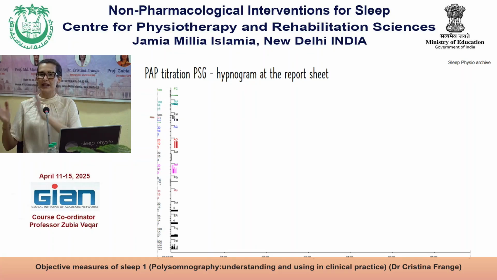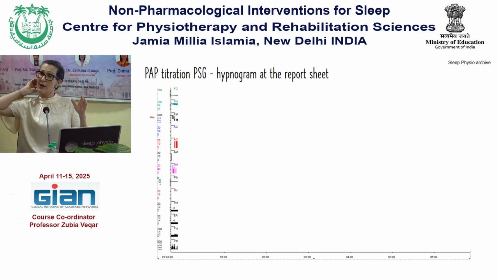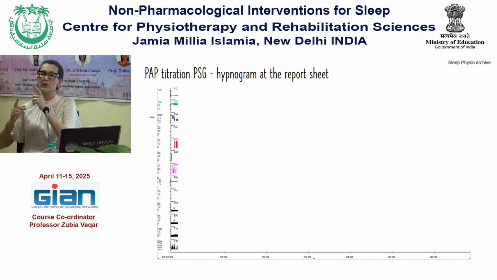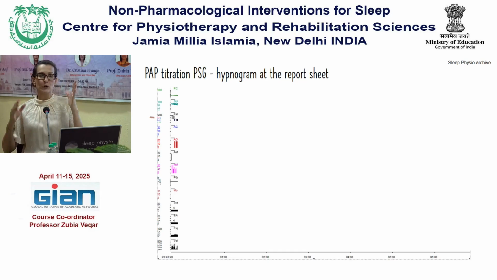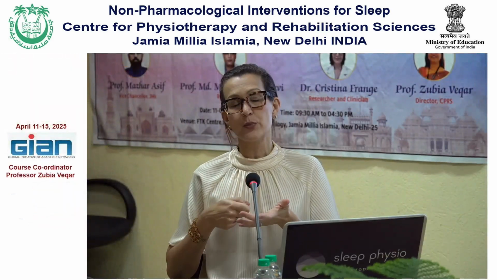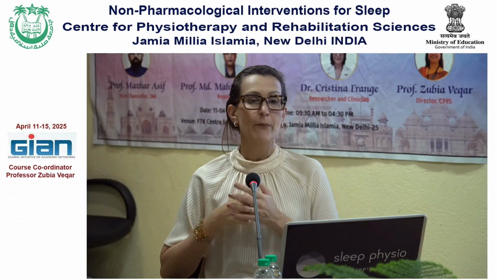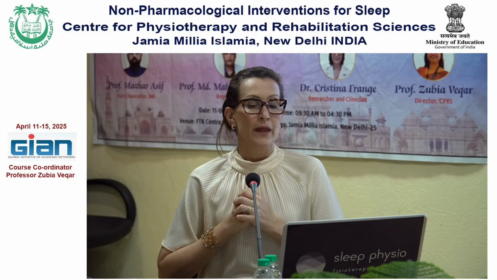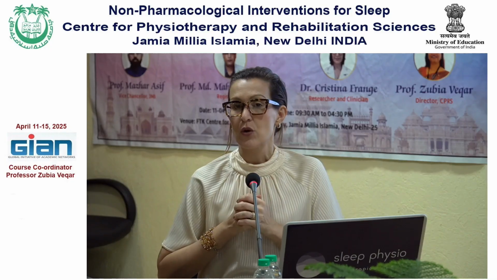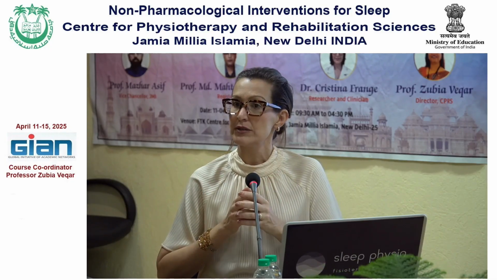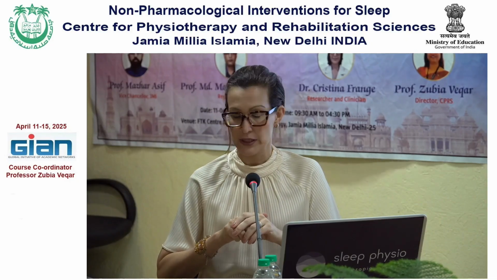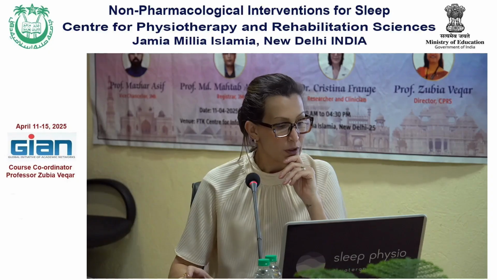I showed you the before and after hypnogram. Now I'm showing how the PAP titration is done in one night, okay? So the patient goes to the lab and the physician prescription is written PAP titration. So what the sleep technician needs to know is the optimal pressure that will treat the respiratory events of that patient.